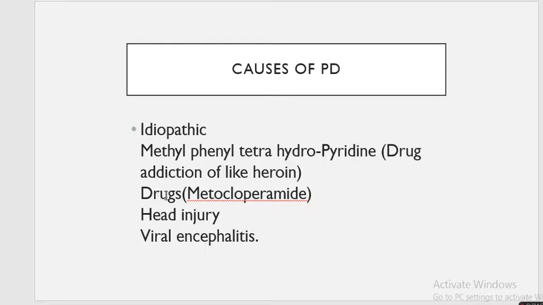So when we take antiemetic drugs, they also block D2 receptors in the brain, in the basal ganglia. Other causes are head injury and viral encephalitis. These are the major causes of Parkinson disease: idiopathic, drugs like antiemetics and heroin, head injury, and viral encephalitis.